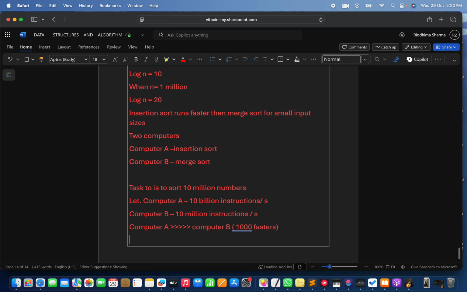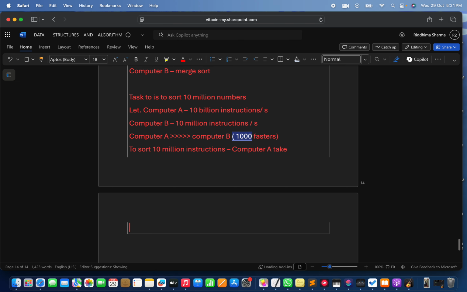Now to sort 10 million numbers, computer A takes the number of instructions divided by instructions per second.